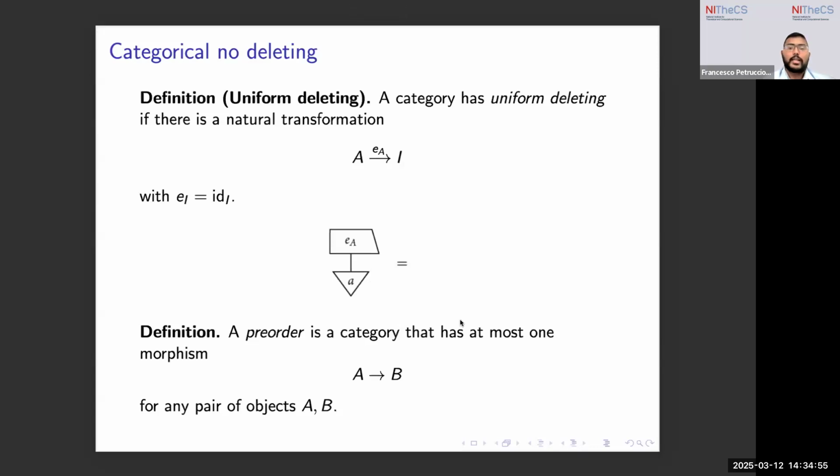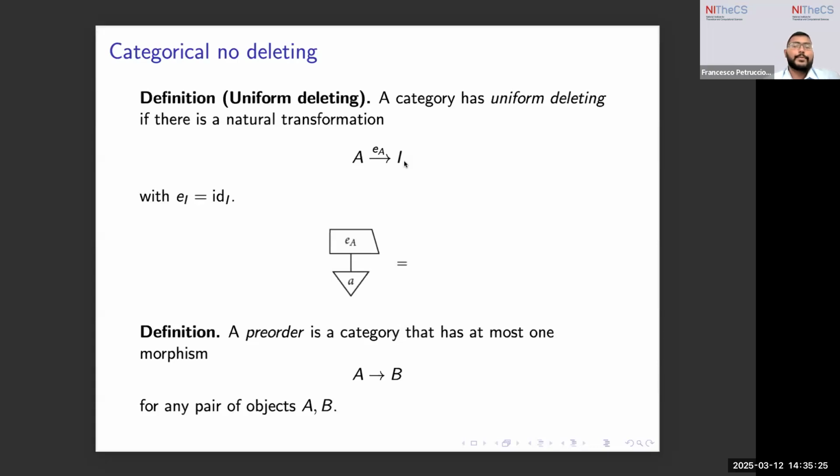So in quantum mechanics, we're able to obtain those no cloning and no deleting theorems. With this generalization, we are also able to have a generalization in the categorical context using these string diagrams. So we say that a monoidal category has uniform deleting if you have a natural transformation from your objects to the identity object.